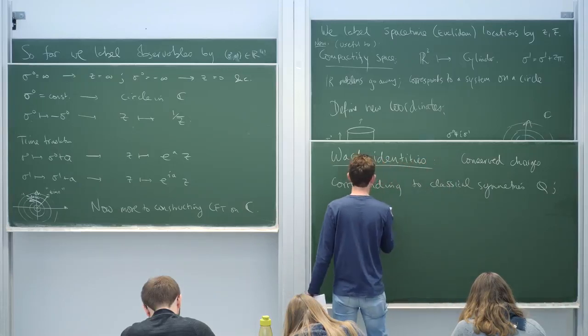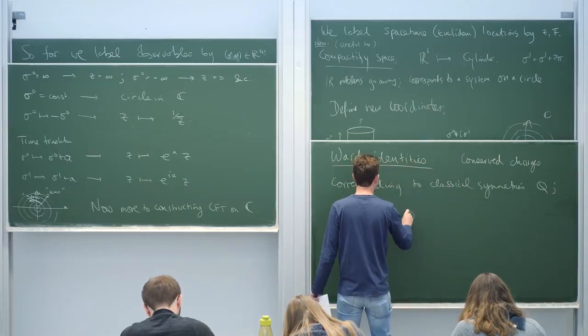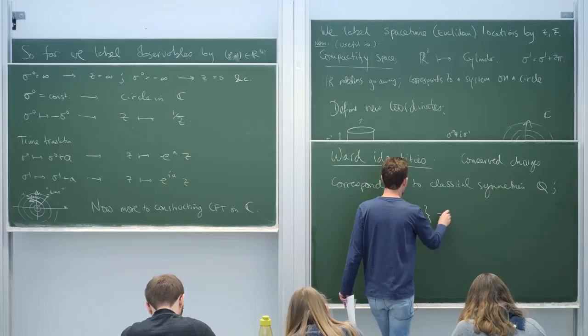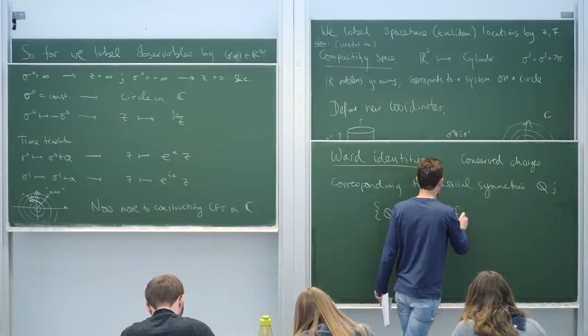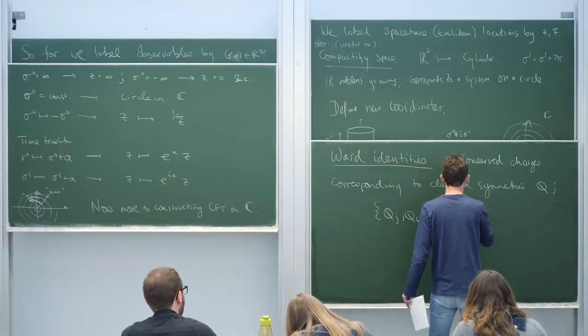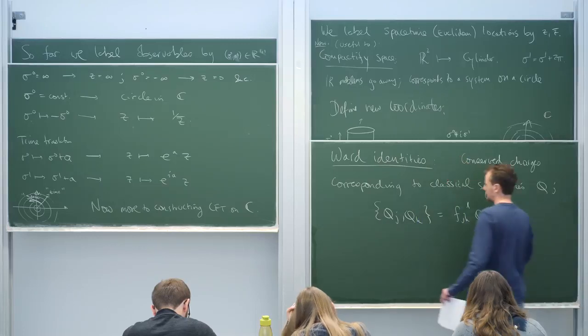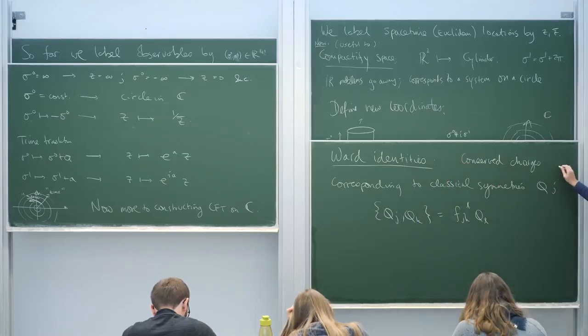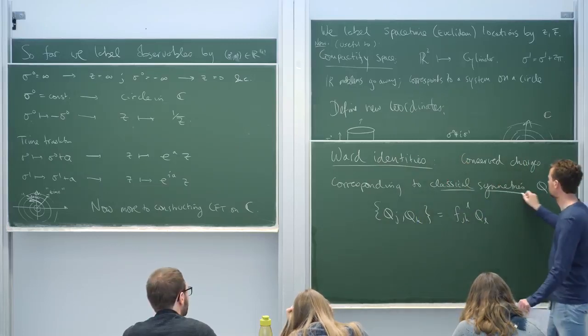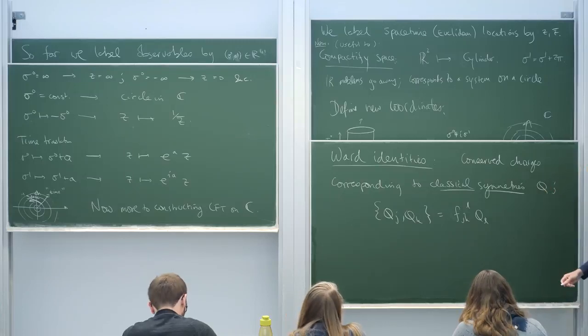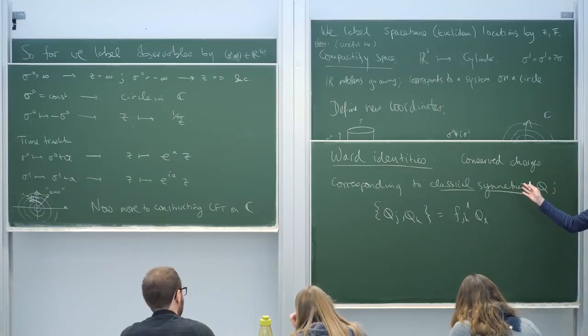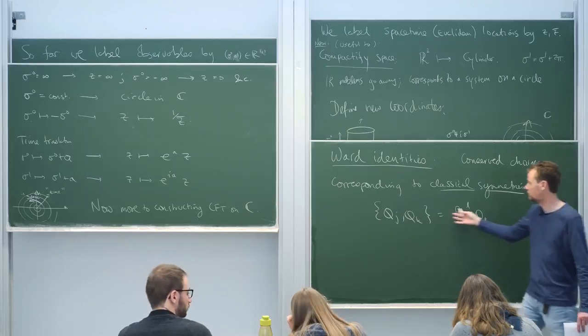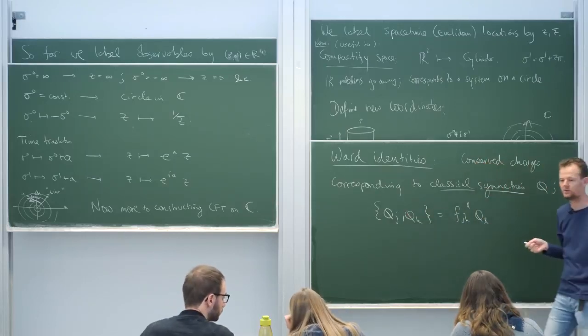So if you have some conserved charges for some symmetries in a classical system, then they have their Poisson brackets closed to give some kind of algebra like this.